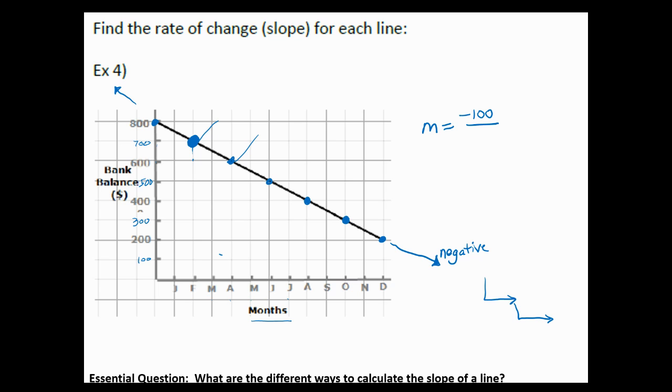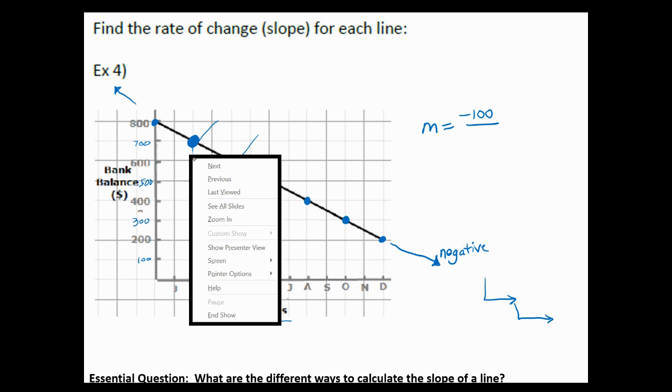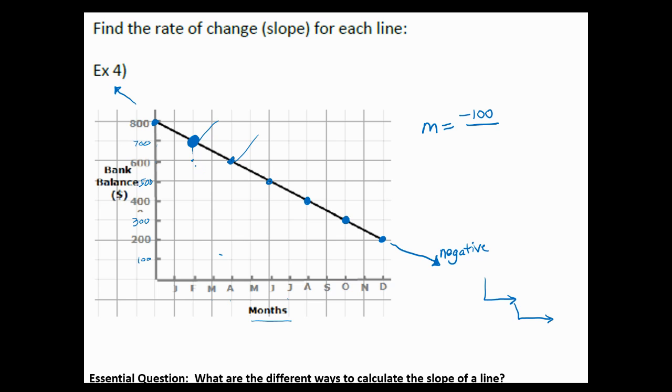So it's 1 month. So counting down 100 and then over 2 boxes would give us a slope of negative 50, because 100 divided by 2 is 50. So we got our negative number.